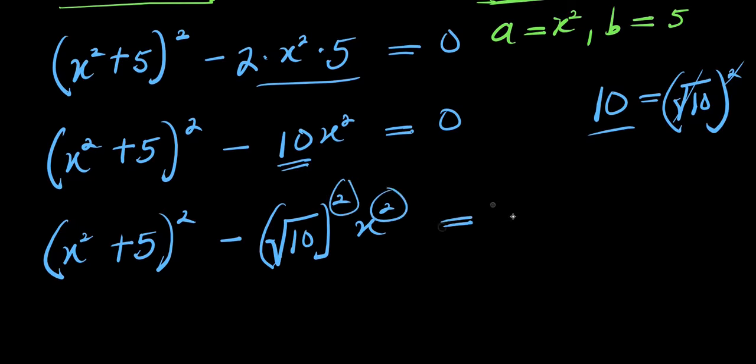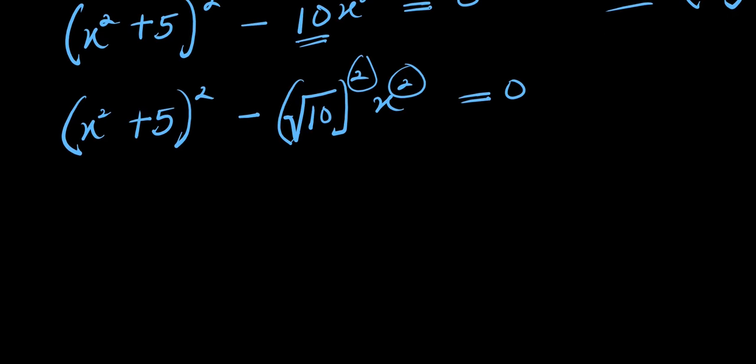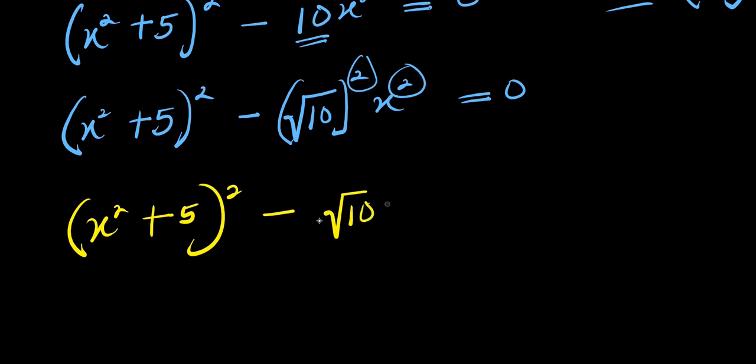Remember, we can take the common exponent. x squared plus 5 power 2 minus, this is root 10 times x, or x root 10 power 2. I've just taken the common exponent, and this equals 0.